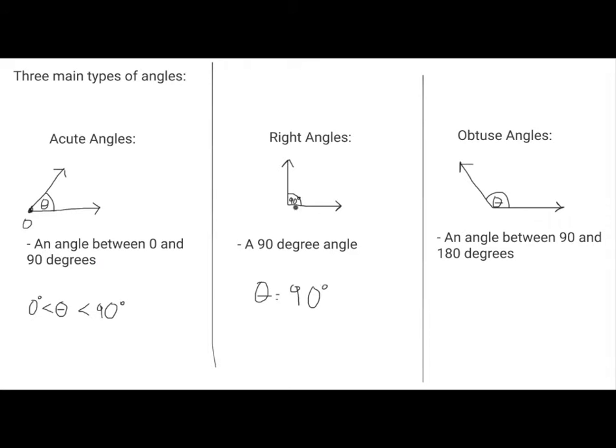So that means we can also replace the 90 degrees with theta and define theta with this over here. And for obtuse angles, as you can probably already guess, we can write the inequality as 90 degrees is less than theta, which is less than 180 degrees.